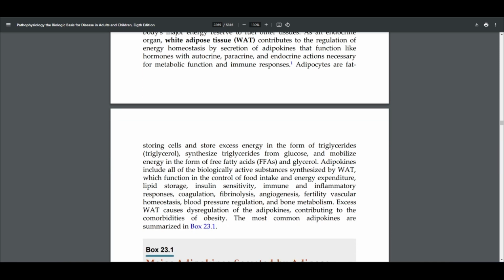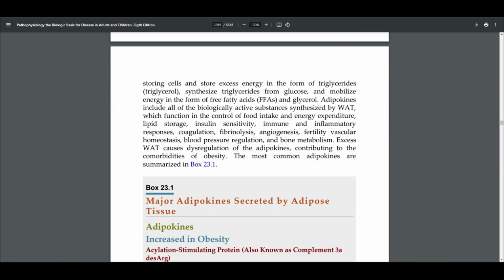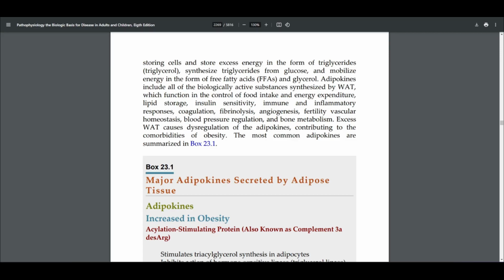Adipocytes are fat-storing cells and store excess energy in the form of triglycerides, synthesize triglycerides from glucose, and mobilize energy in the form of free fatty acids and glycerol.